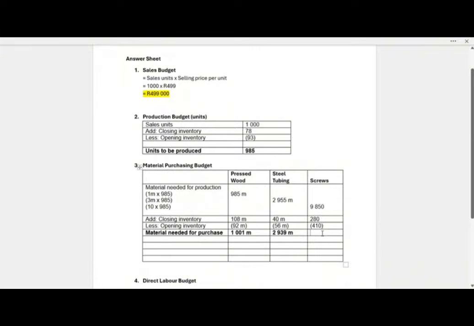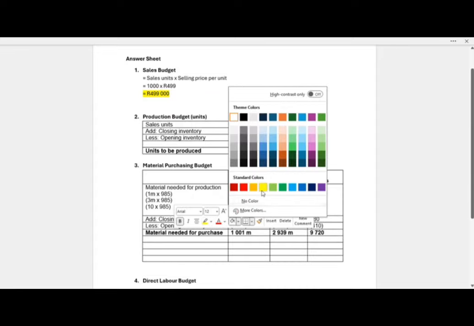And then I am getting 9,720. This is material that is needed for purchase. All right, this is material needed for purchase. Just gonna highlight them like this.